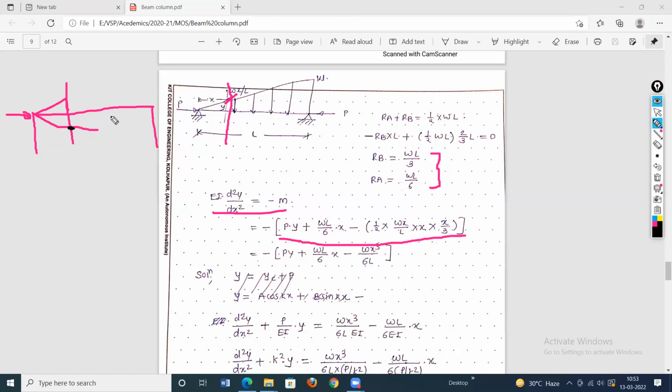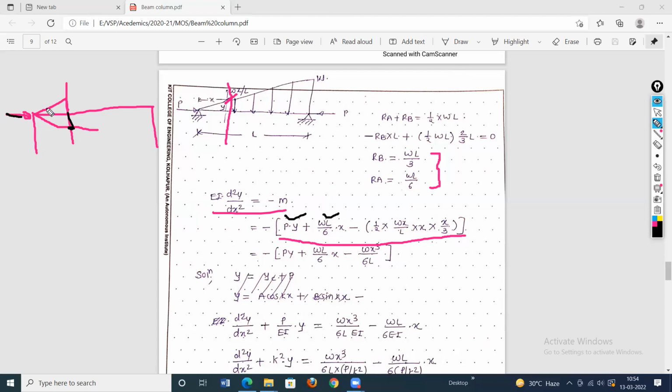First is this P load, so P load into distance y, clockwise, plus this reaction RA into X. The first term is because of P loading, and this is the bending moment because of the reaction.